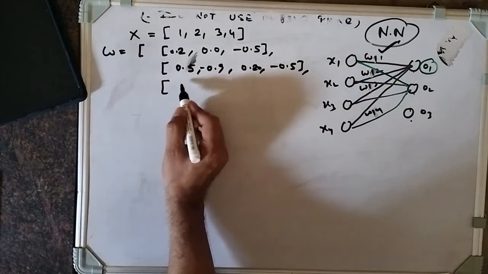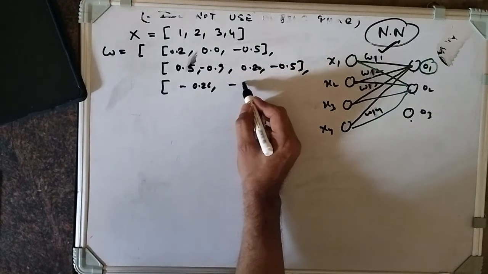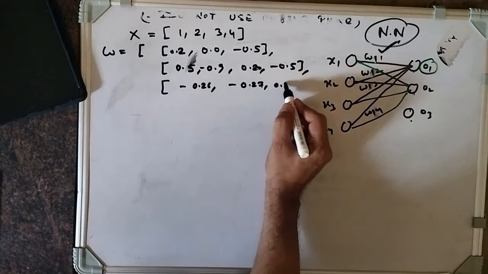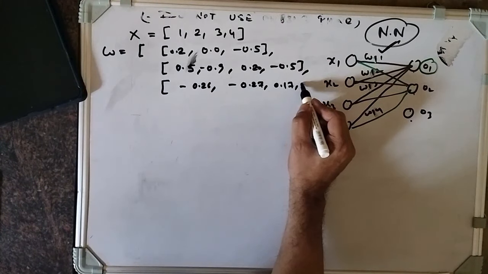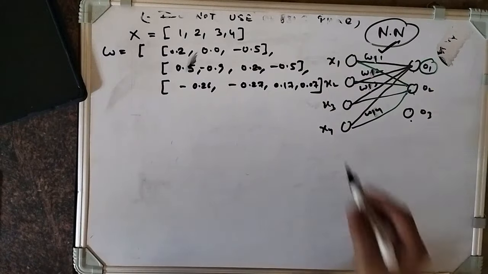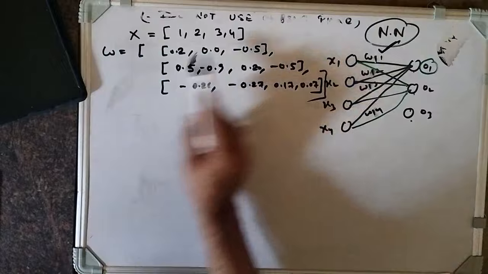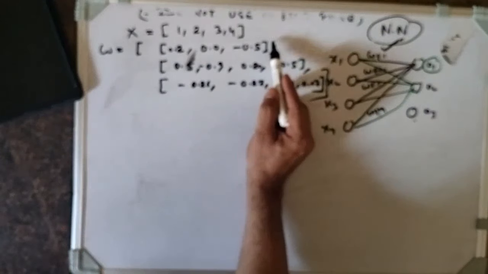Next I am writing, suppose minus 0.26, minus 0.27 and 0.17 and 0.07. And this list actually, what is this? This is the list of lists.